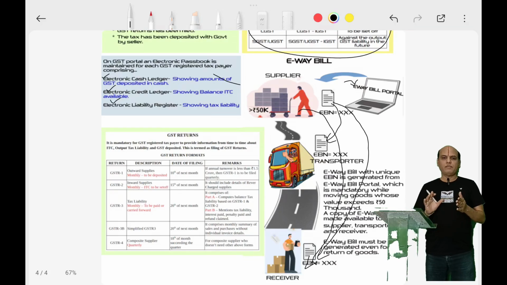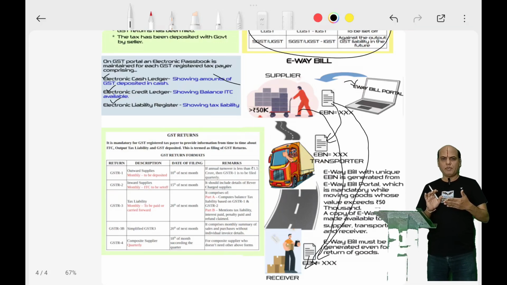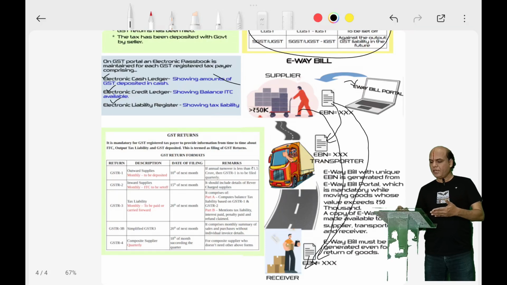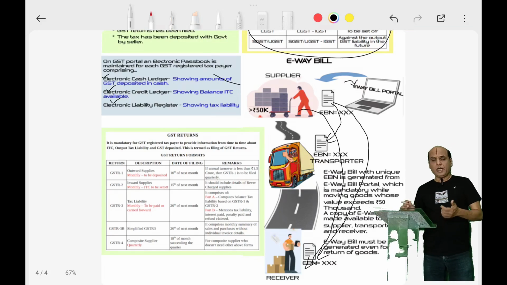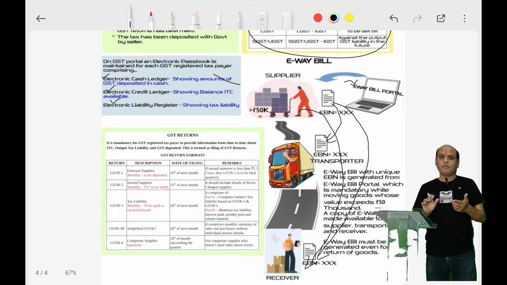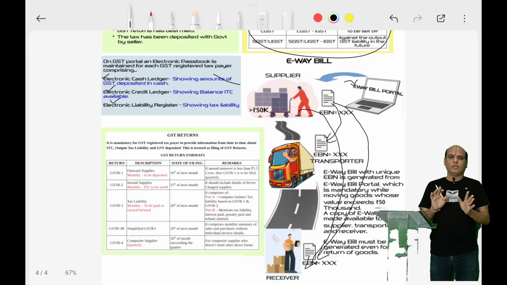So whenever the value of goods is above 50,000, as per GST norms, it is mandatory for the supplier to generate an e-way bill with a unique e-way bill number, and a copy of it is to be shared with the transporter and receiver. This requirement also needs to be followed when somebody is returning goods.